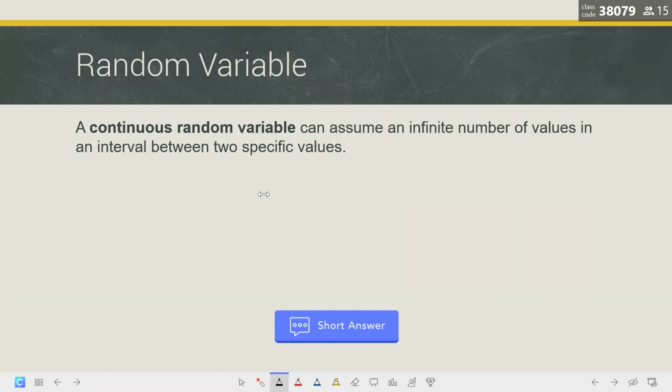Bakit sa tingin nyo, class, nagkakaroon tayo ng butal? Bakit may 1/2? Bakit may 0.5? Bakit may 65.5? Sabi ni Sophia doon sa timbang ng classmate niya. Sige, Lorraine. Sir, para mas specific po. Very good.